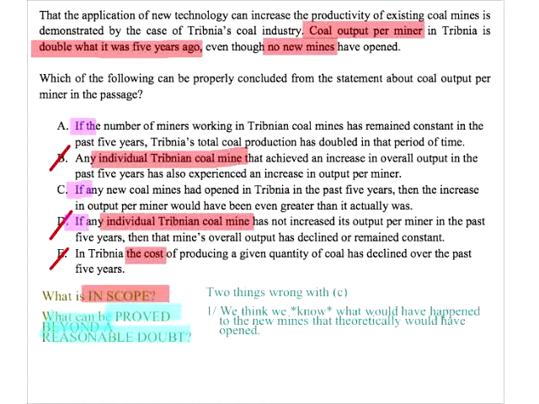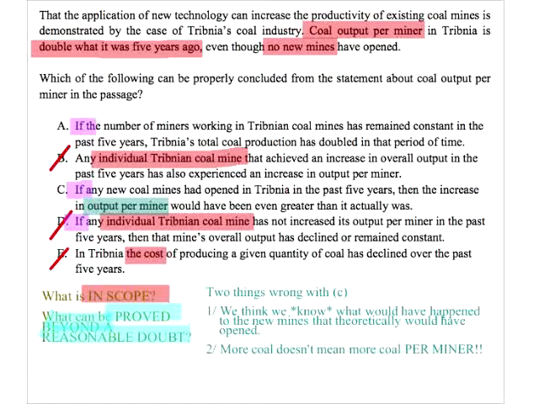But also, and perhaps more importantly, it's per miner. It's not total output. If you open a new mine, you can pretty reliably know that the overall output as a total is going to be more. But more coal doesn't necessarily mean more coal per miner. Same thing with miles versus miles per hour.